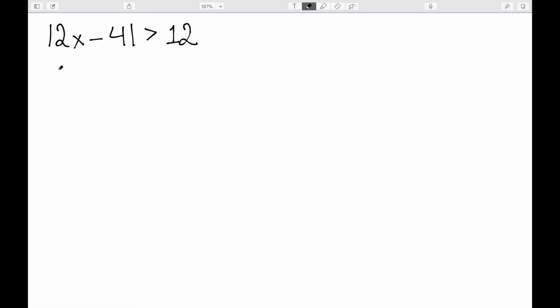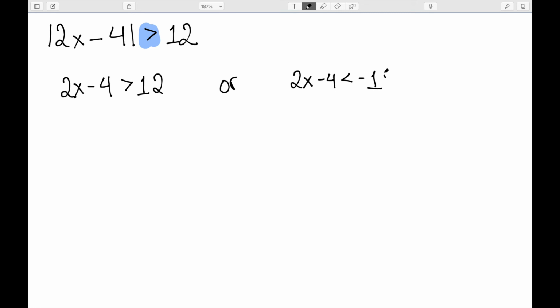Let's suppose we have the absolute value of 2x minus 4 is greater than 12. Since this is a greater than symbol, we need two inequalities. 2x minus 4 is greater than 12, or we could be considering numbers like negative 13, negative 14, negative 15, etc. So we need 2x minus 4 to be less than negative 12, since negative numbers run backwards.